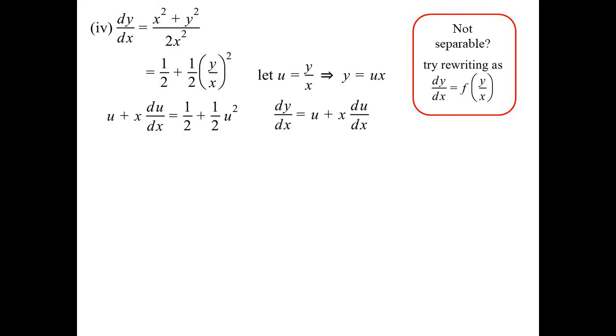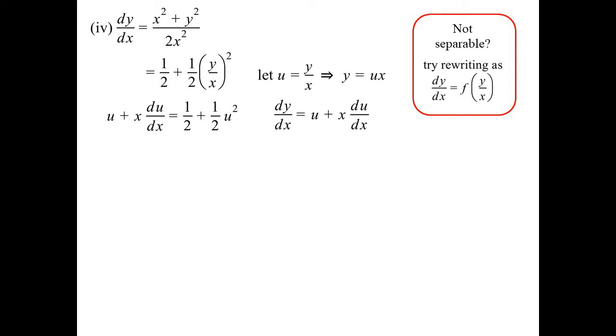So if I let u equal y over x, in other words, y is equal to u times x, I can rewrite that as a half plus a half y on x squared, which will become a half plus a half u squared.